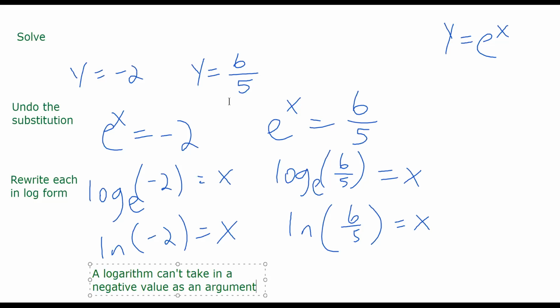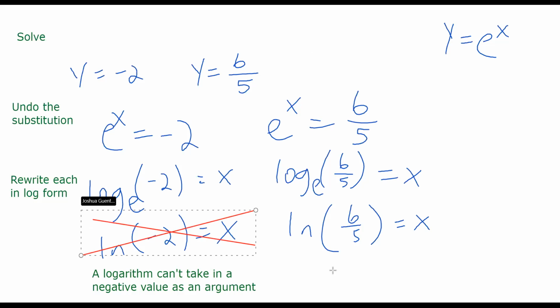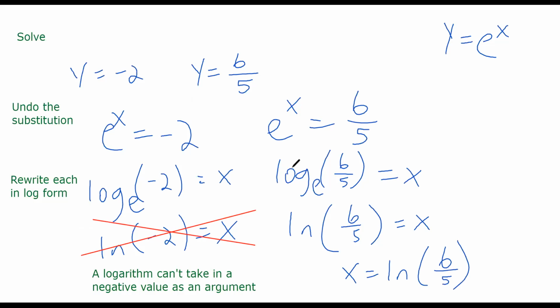So actually what that does is that completely wipes out this one and says, nope, not going to happen. But the other one's going to be okay. x equals the ln of 6/5. That one's okay. And that's going to be our answer here. The natural log of 6/5.